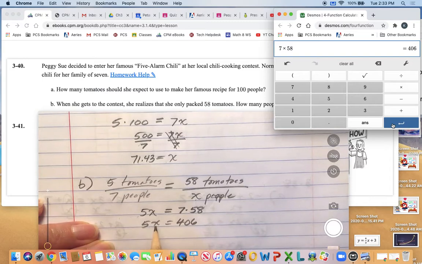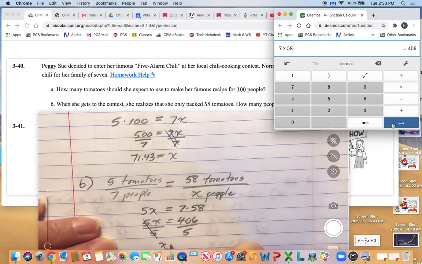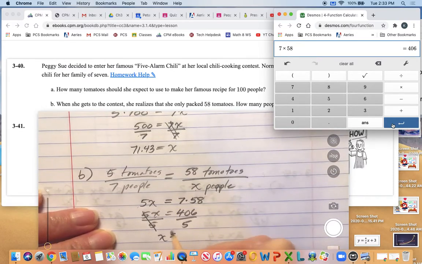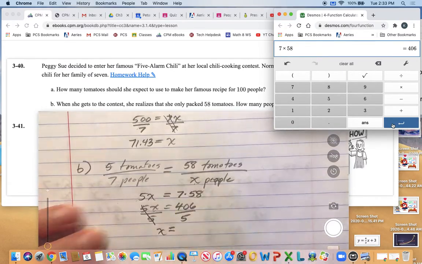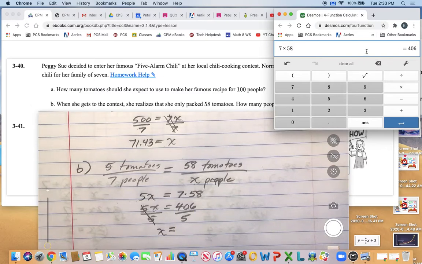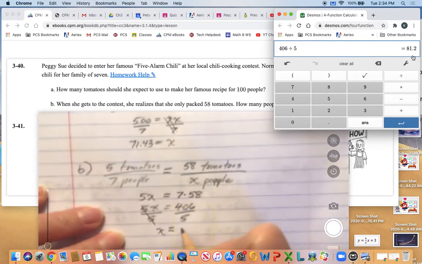And we've got to undo this multiplication to get X by itself by dividing by 5. So that turns into a giant 1. There's an X on this side. And over on this side, we've got 406 divided by 5, and that is equal to 81.2.